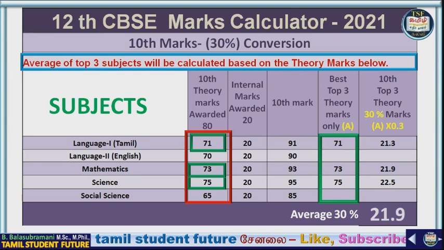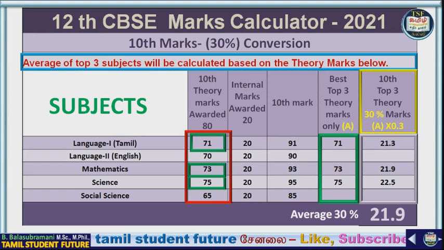For the 10th top 3, 30% marks: A into 30 by 100, that is 0.3. So A into 0.3. We get language Tamil 71 into 0.3 is 21.3, Maths 73 is 21.9, and Science 75 is 22.5.